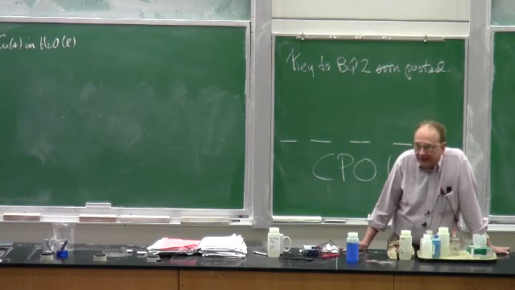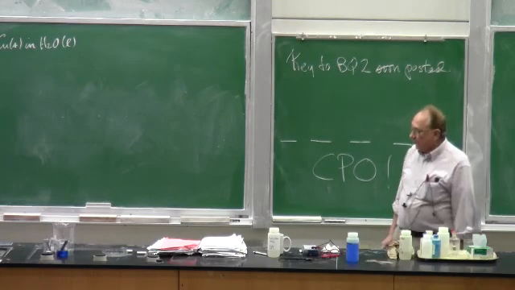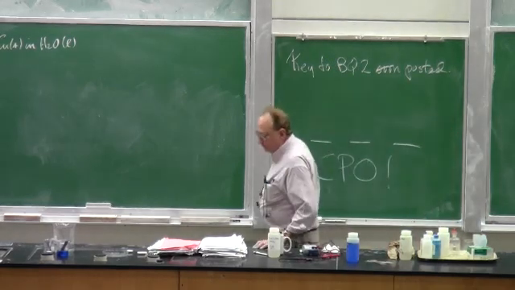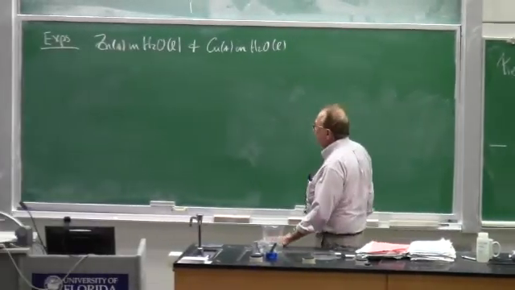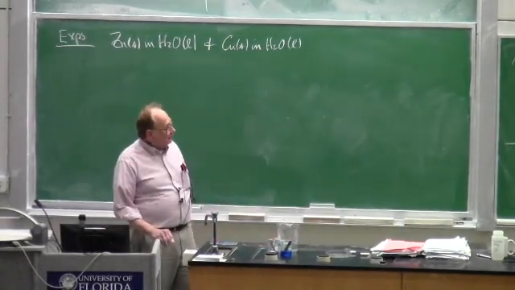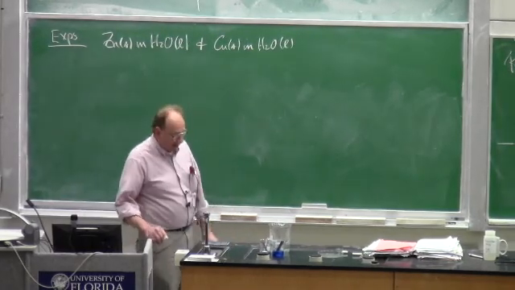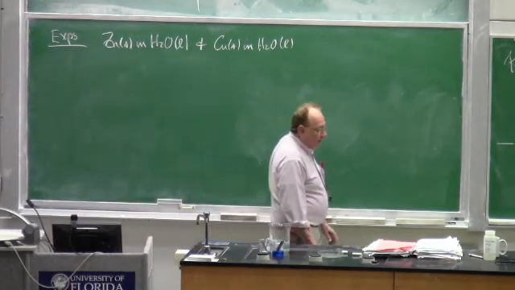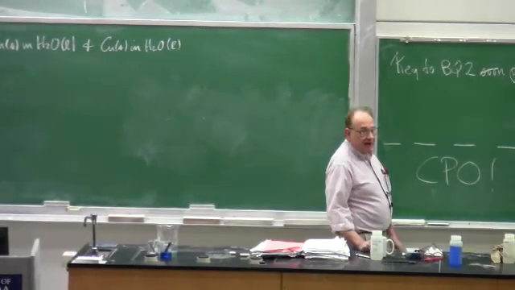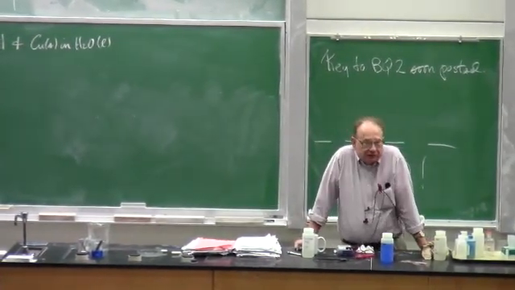So practically, zinc doesn't react with water. So with that, we can recognize that zinc is a weaker reducer than sodium, as well as copper, because we found that sodium reduces water quite vigorously. Now, what do we know about zinc versus copper? We just found out that zinc is a stronger reducer than copper.